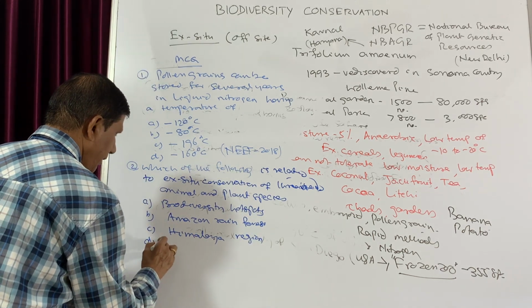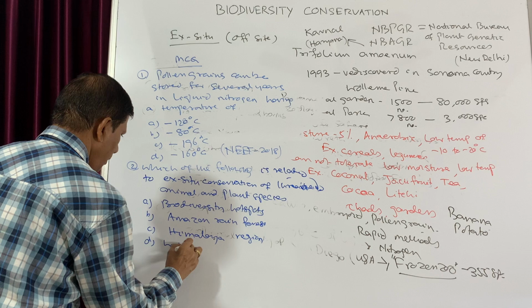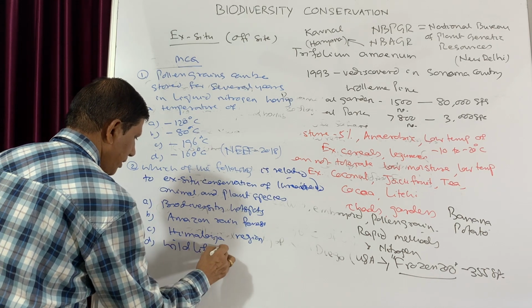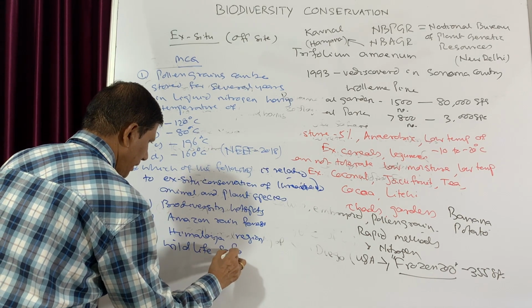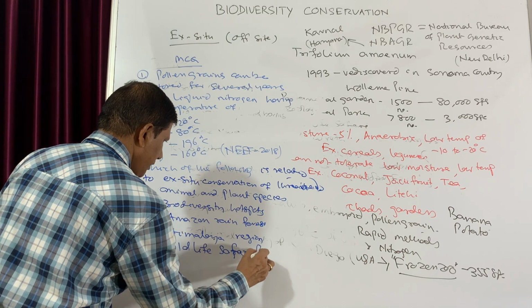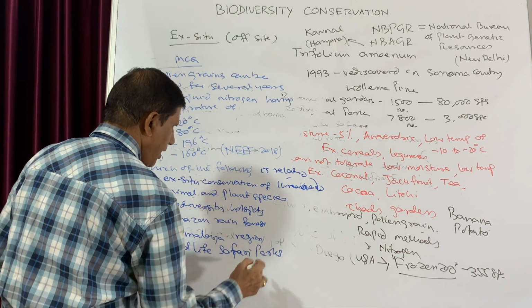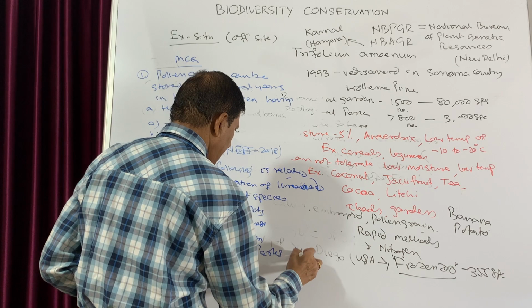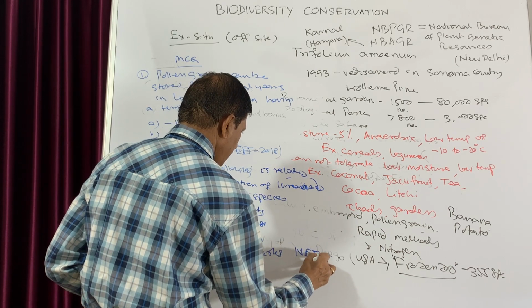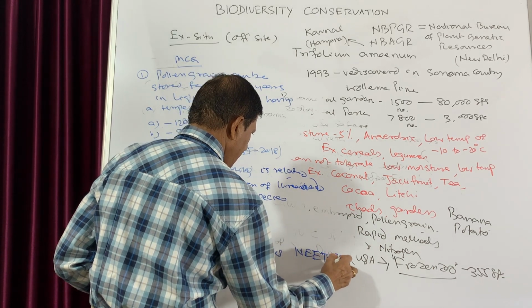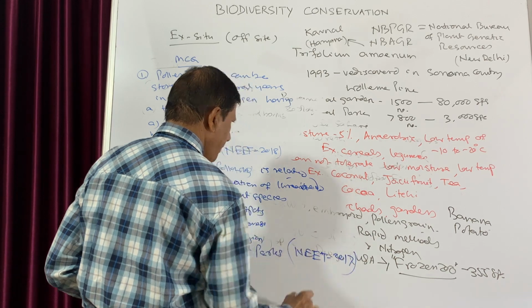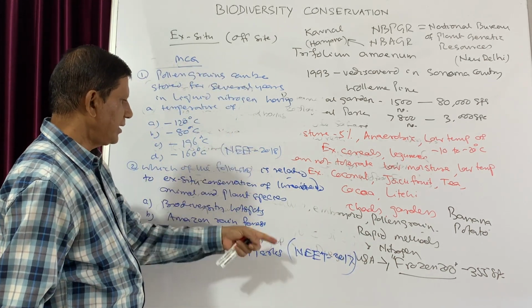And the fourth one is wildlife safari parks. And this question was asked in NEET 2017. That is, one is 18, one is 17.